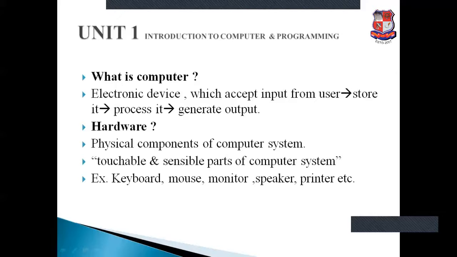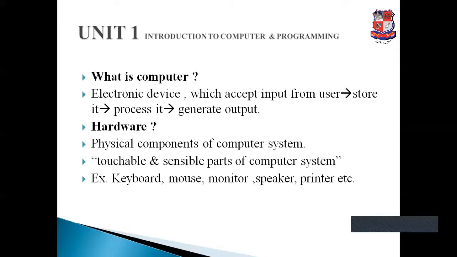The most important term from computer is hardware. What is hardware? You can say the physical components of a computer system are called hardware, or another definition is the touchable and sensible parts of your computer system. You can say the parts that can be touched and sensed by the user are ultimately hardware, and all the physical components connected with your computer system are hardware.